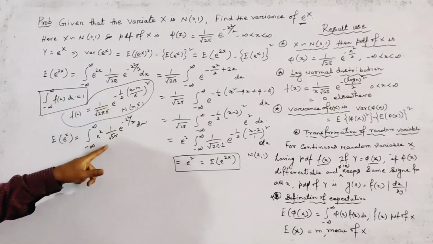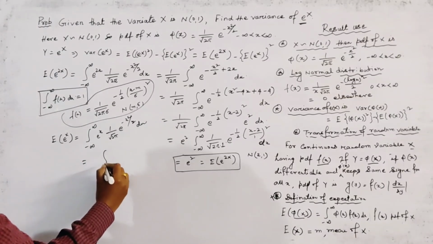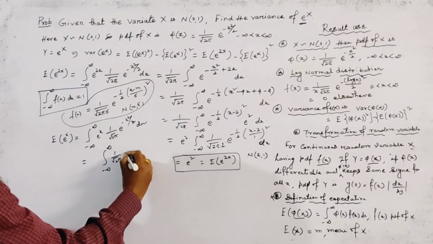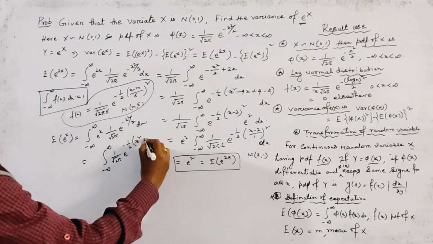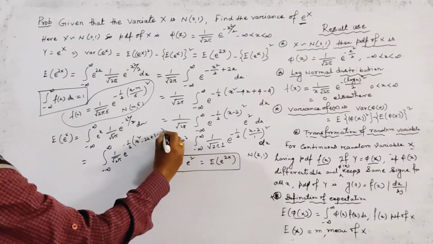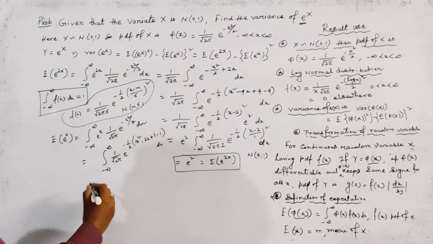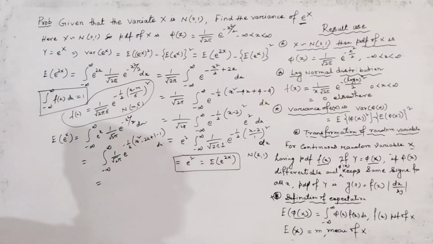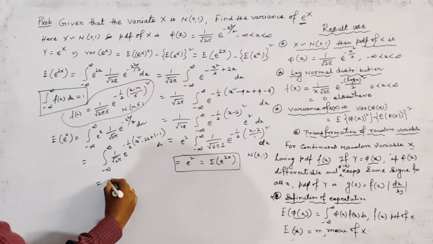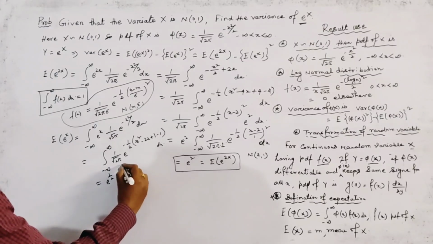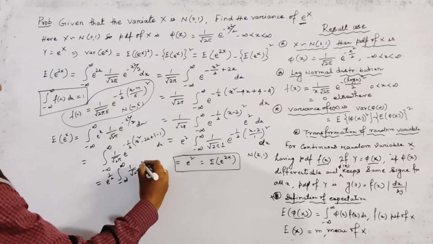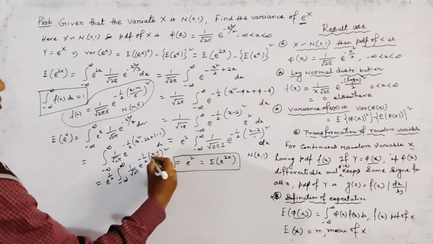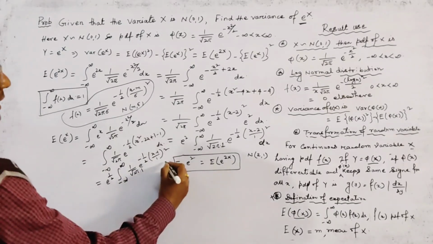In a similar manner we write this as the integration from minus infinity to infinity of 1 by root 2 pi e to the power minus half into x square minus 2x plus 1 minus 1 dx. So from e to the power minus half into minus 1, we get e to the power half, and we write it outside the integration: e to the power half integration minus infinity to infinity 1 by root 2 pi e to the power minus half into x minus 1 by 1 whole square, and we write another 1, dx.